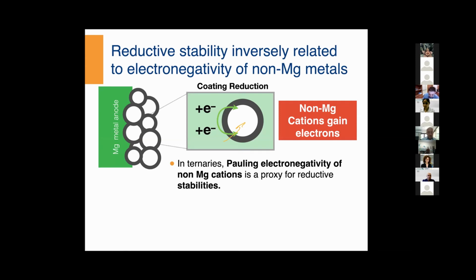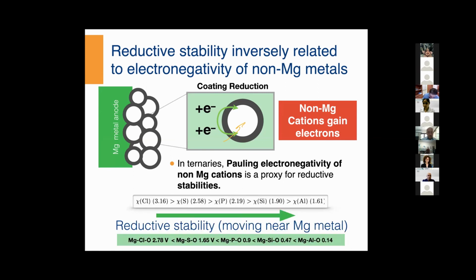the non-magnesium cation matters. Let's say you have a compound that contains chlorine in addition to magnesium, or oxide and sulfur and phosphorus in the form of a phosphate, then your phosphorus in a phosphate acts as a cation. The cathodic stability of the decomposition products is inversely dependent on the Pauling electronegativity of this cation, right?